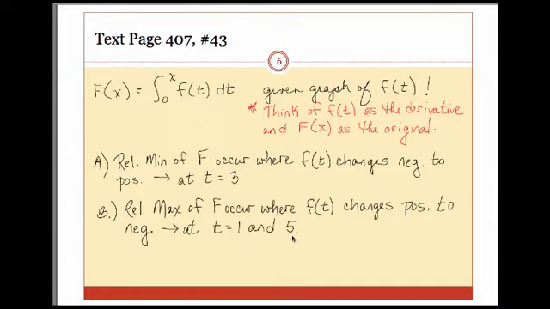So like in letter A, where we said a relative minimum is going to occur at t equals 3, take a look at the graph. If I asked you to find the area under the curve going from 0 to 3, doesn't it look like it would have a lot more negative area because of that part underneath the x-axis?